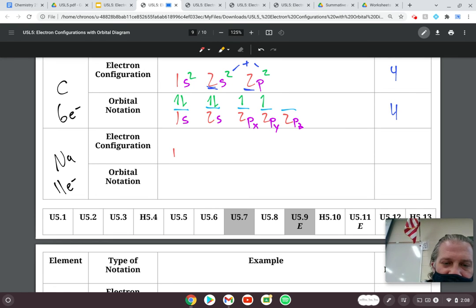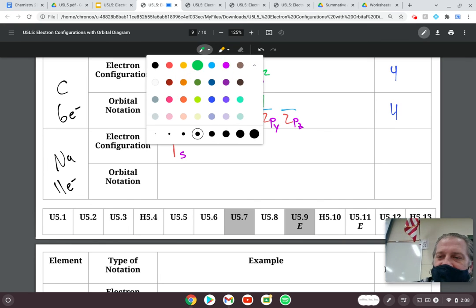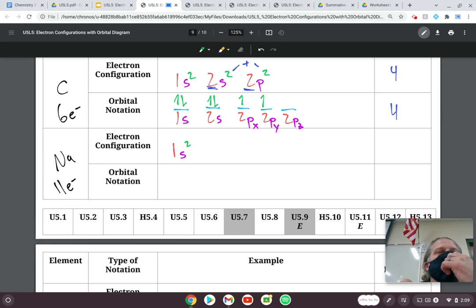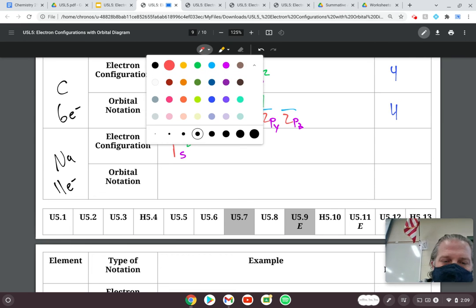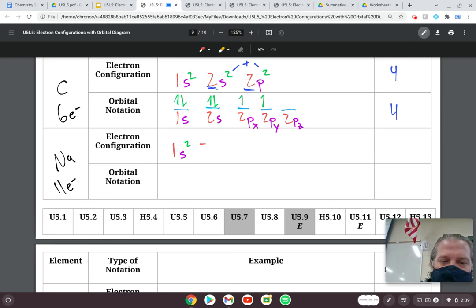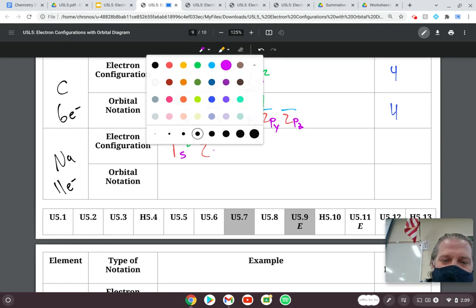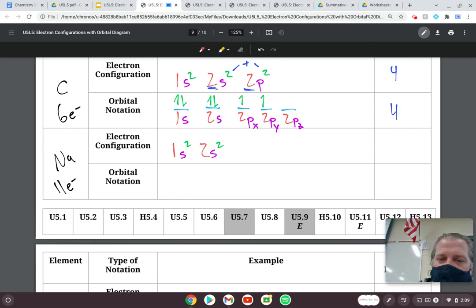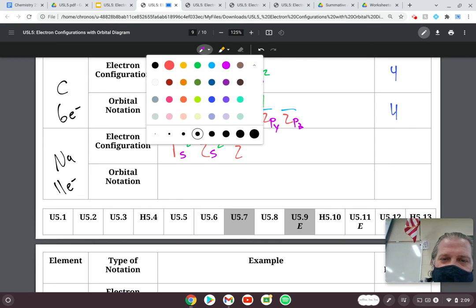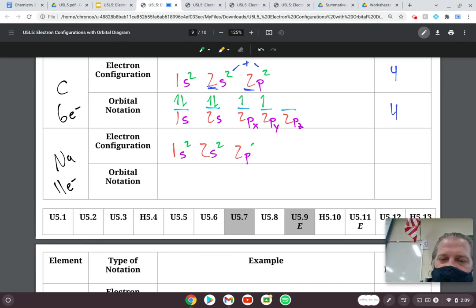So I'm going to start with 1s, and the s shape can hold 2. Then I'm going to go to 2s, which can also hold 2. And then I'm going to go to 2p, which can definitely hold 6. So I'm going to do that right away.